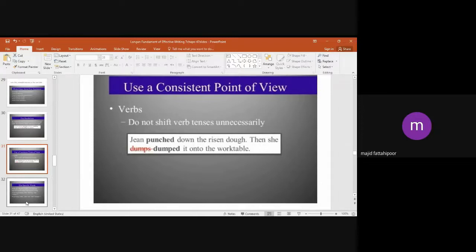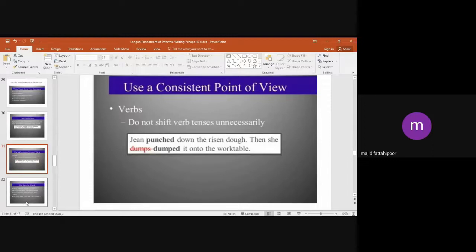So if we change it into John punches down the written word, and she, instead of them, she dumps it into the work table. This shows that, I mean, this action is ongoing, and you know, it can be repeated by someone else. And you can be a good cook too.